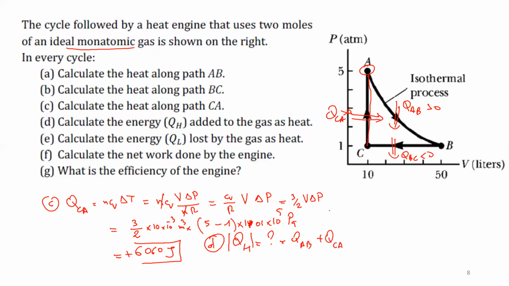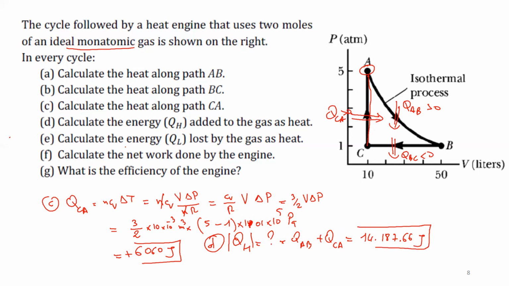And this is heat added to the gas, so absorbed by the gas, so positive for the gas, okay? And we already calculated this before. AB we already calculated. If you calculate both of them, you add them, you get 14,187.66 joule. This is QH.